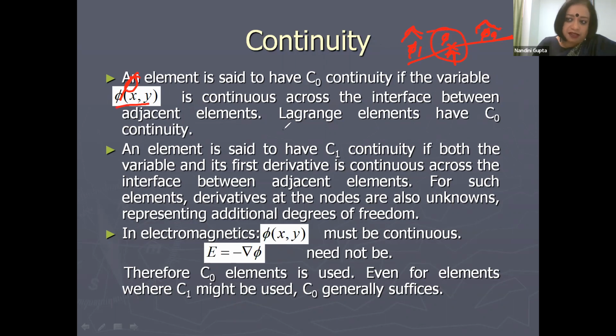Here I have made another statement. I have said that Lagrangian elements have C0 continuity. You do not yet know what Lagrangian elements are, but I'll come to that. Now, if your phi is continuous, as well as phi dash is continuous, that means the function is continuous, as well as its first derivative is continuous across the interface between adjacent elements, you would say that such an element has C1 continuity.